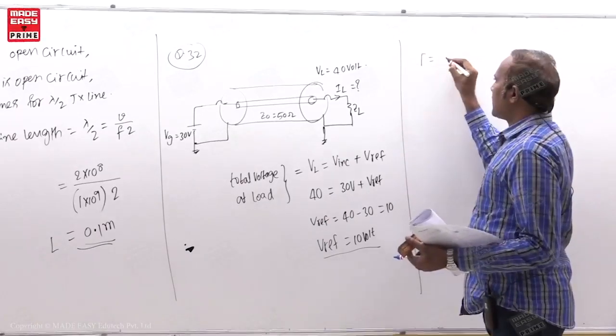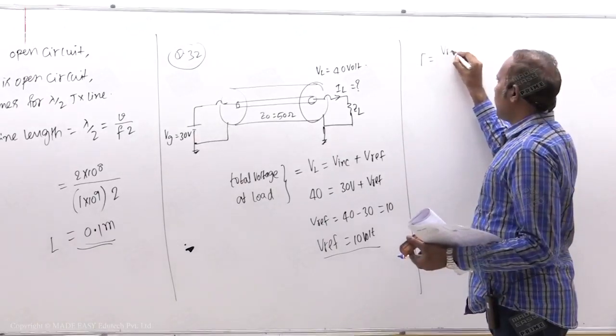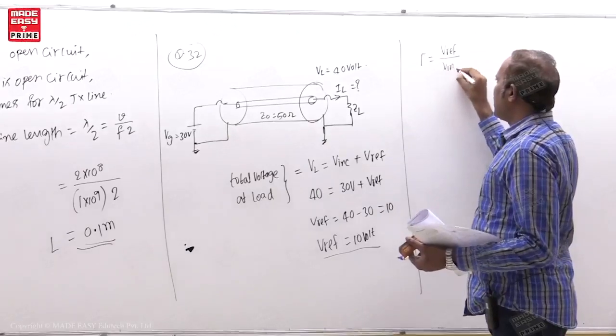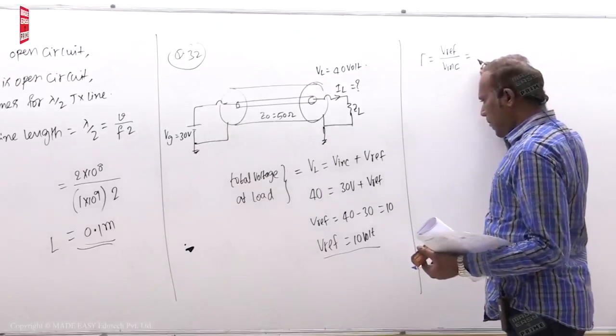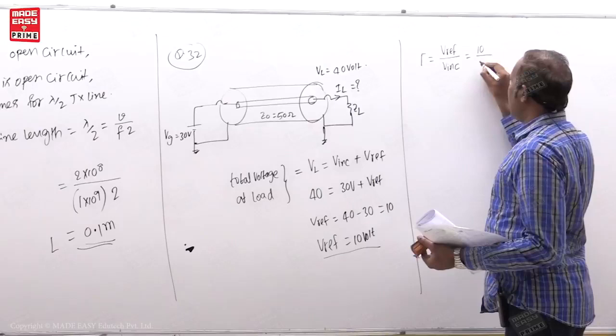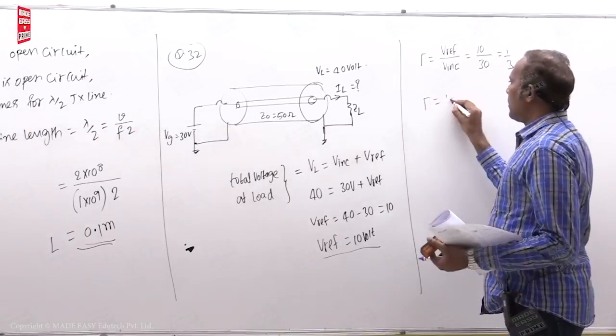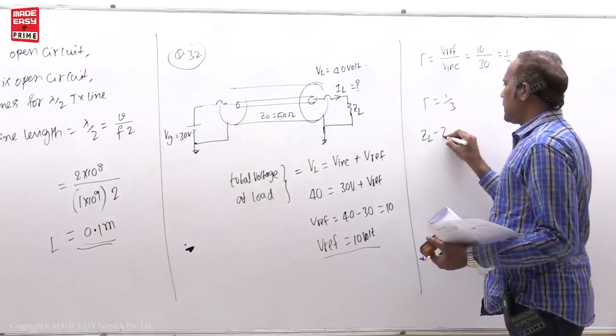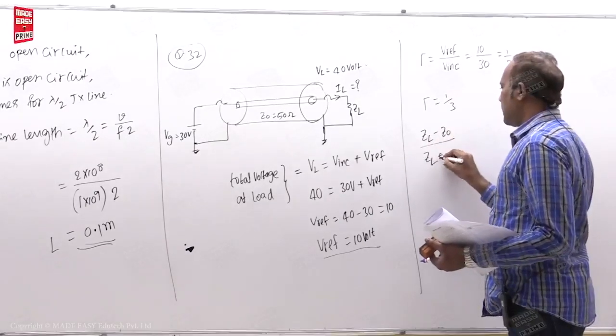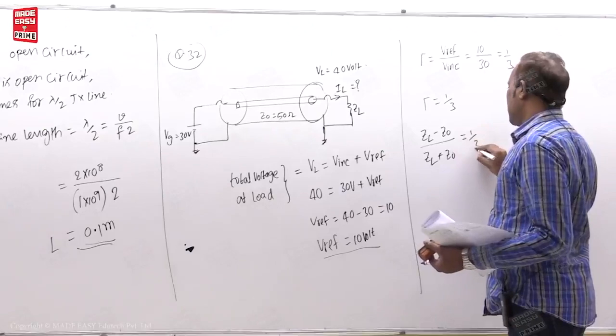That means gamma is equal to reflected voltage divided by incident voltage. Reflected voltage is 10, incident voltage 30, so 1 by 3 you got. Now what is gamma? Gamma is 1 by 3. Gamma is nothing but ZL minus Z0 divided by ZL plus Z0, that is equal to 1 by 3.